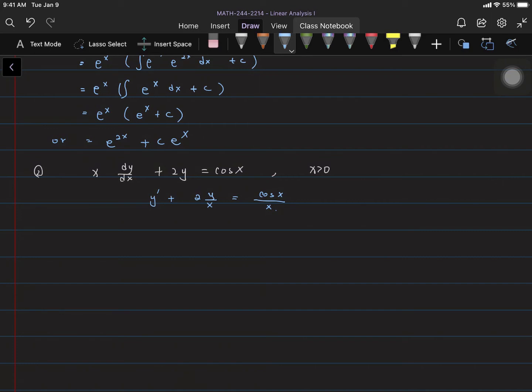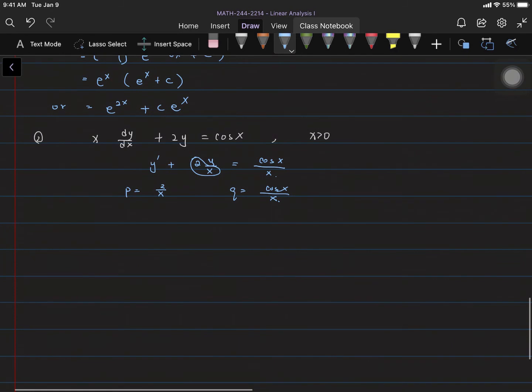Right. So let's see, what is P? It's 2 over x, the coefficient of y, and Q is cosine x over x. What's the solution? y equals e to the negative integral of p dx, times the integral of e to the integral of p dx, q dx, plus c.